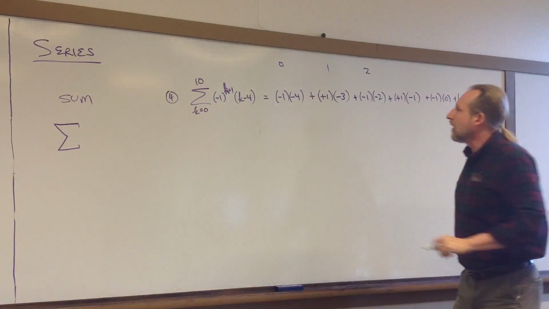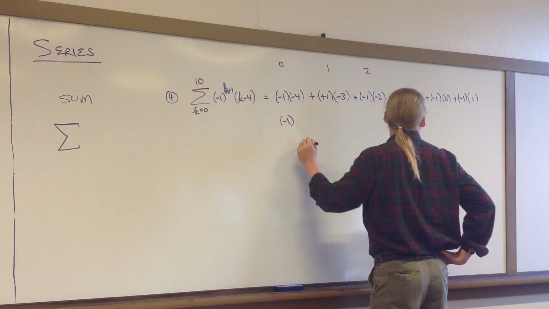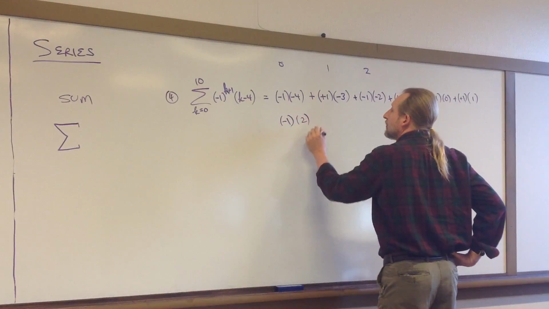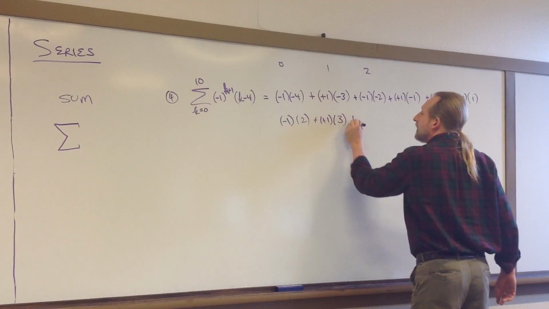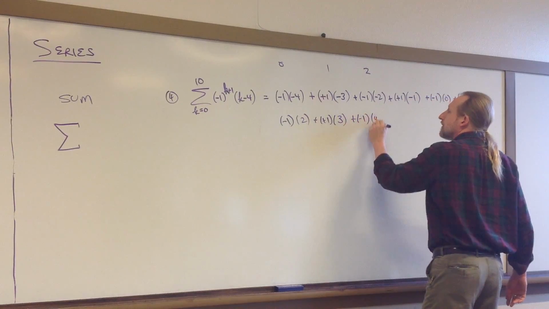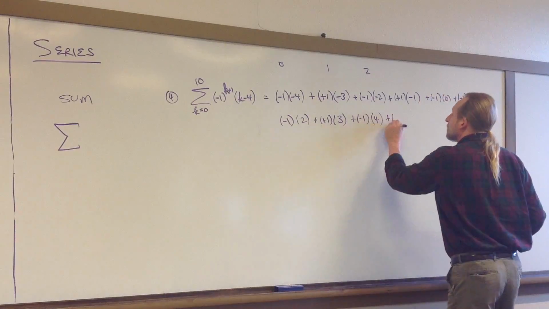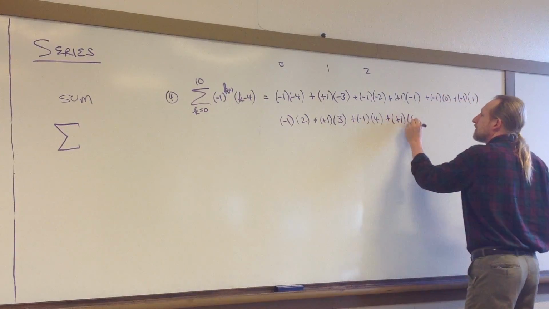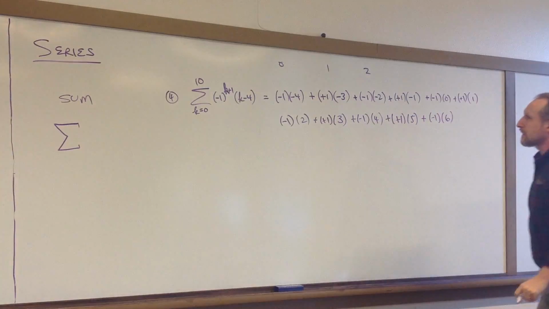Negative 1 times 2, positive 1 times 3, negative 1 times 4, and then we've got two more terms. Positive 1 times 5 and negative 1 times 6, right?